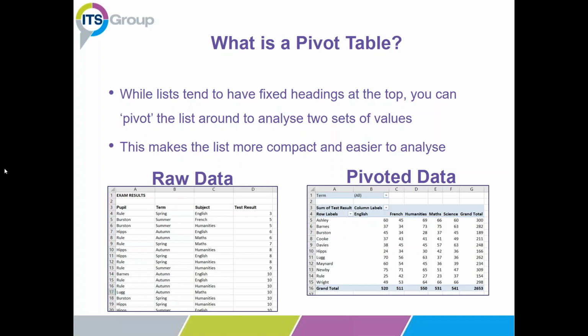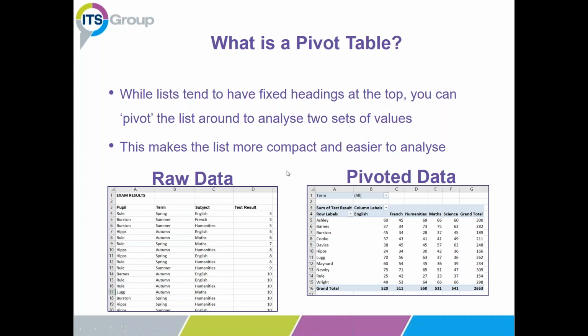Without having to create formulas, functions, calculations, you can quickly change the analysis of your pivot table. So you can look at different values and different results. You can create your own calculations within a pivot table if you need to, but they just make it so much easier to identify trends and analyze data without you having to do lots and lots of manual work when you're working with a list, doing lots and lots of manual calculations.